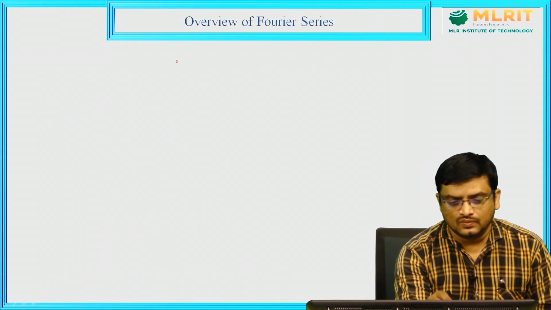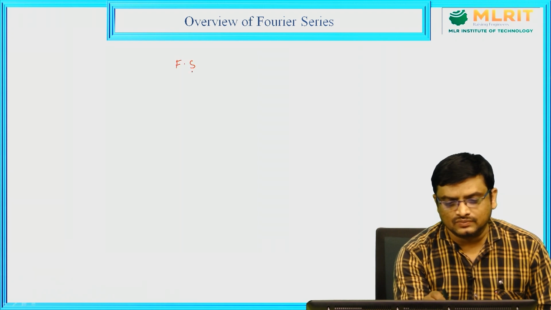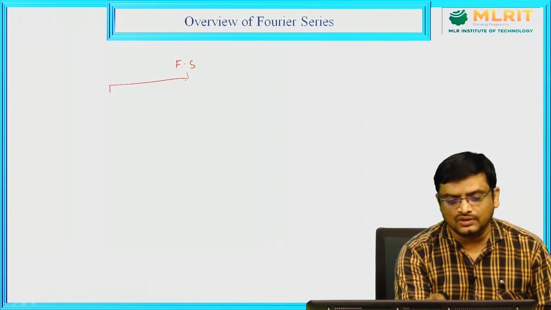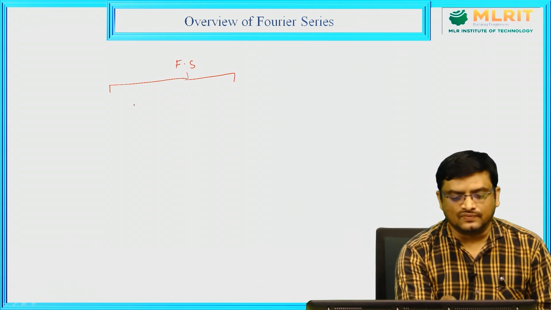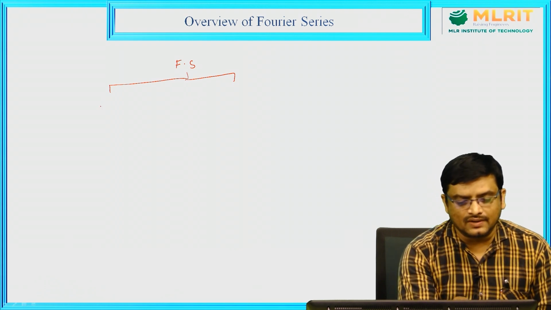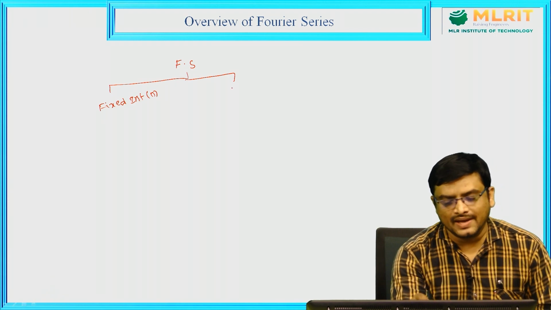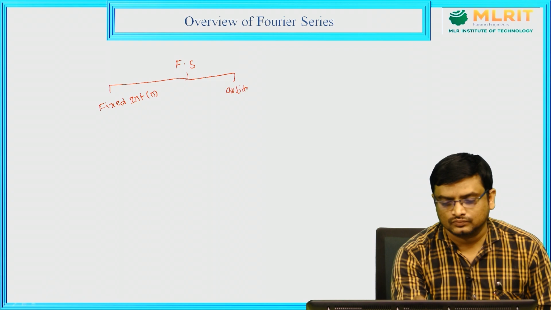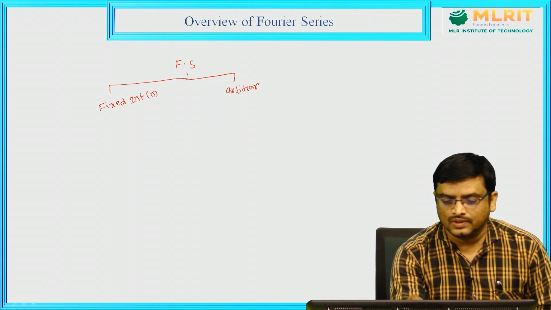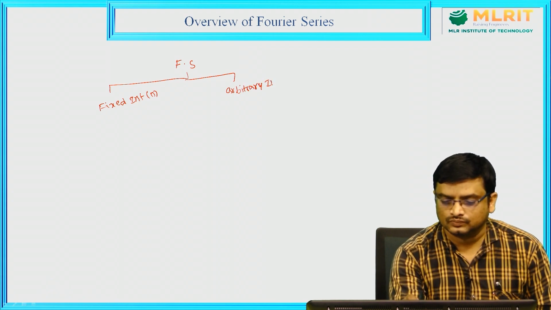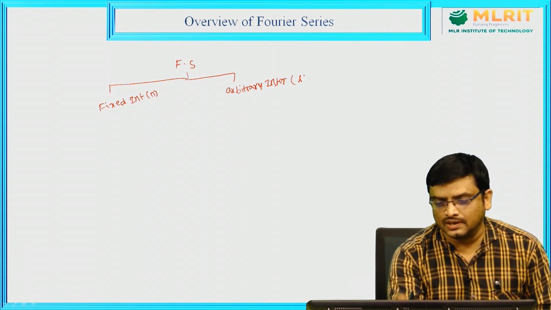First we will take the Fourier series, and we are going to find the Fourier series expansion for the function in a fixed interval. We are taking a fixed interval here in terms of pi, and we have another, arbitrary interval, which is represented in terms of small l.